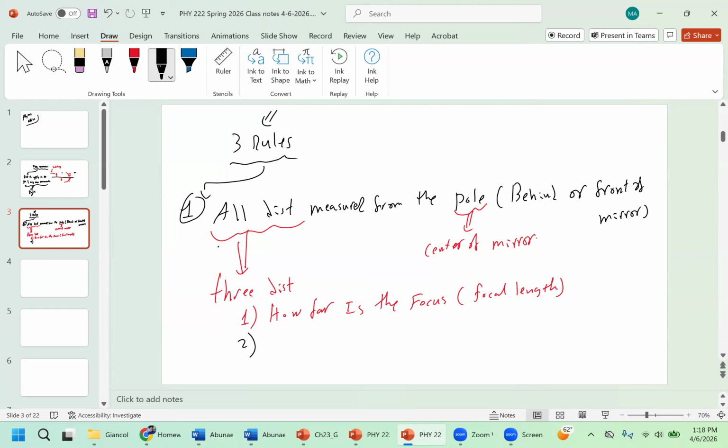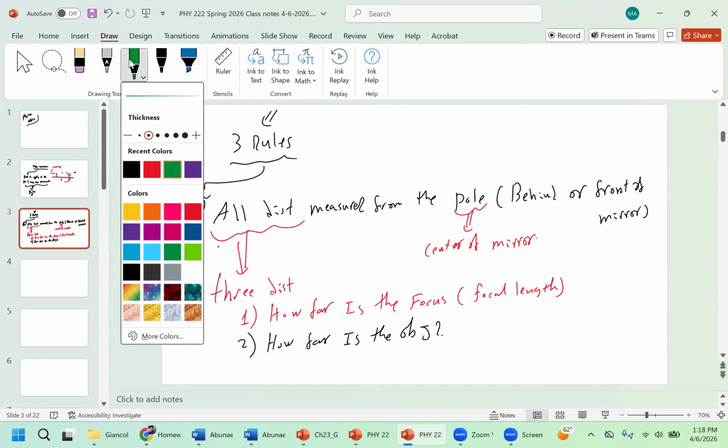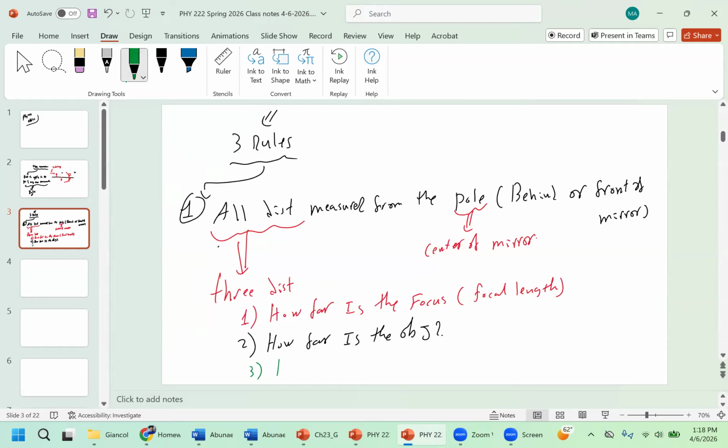Number two, how far is the object, again, from P. And number three, how far is the image that is forming. That was the first rule.